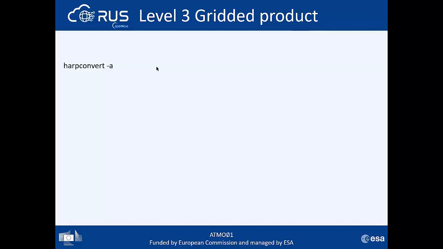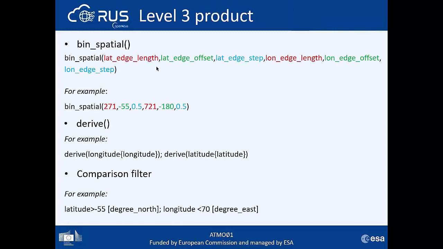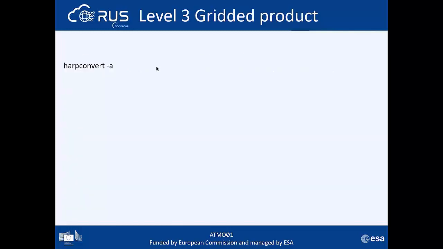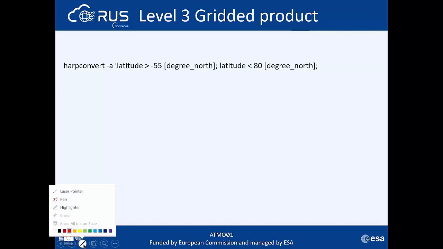Remember, our list of operations is what I just explained. So we put the A parameter and we open a quotation. Let me highlight this in my presentation. We put the A parameter, then we open the quotation and we start to write the commands of our tools. In this case, we have the first one.